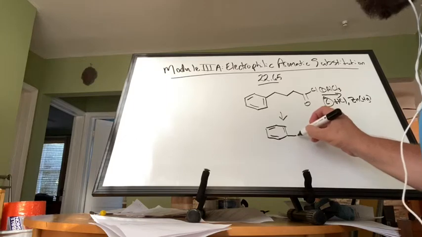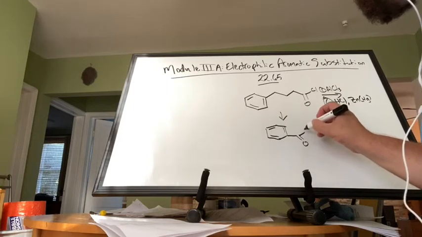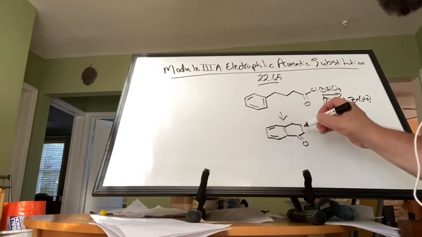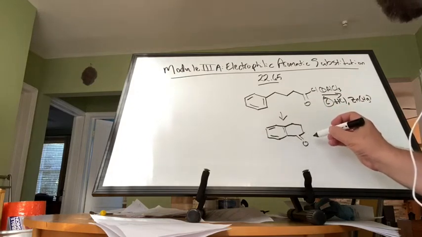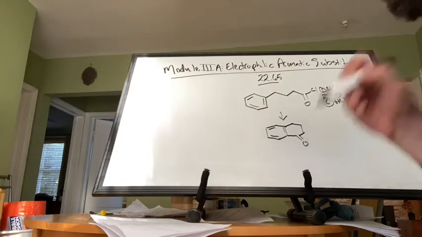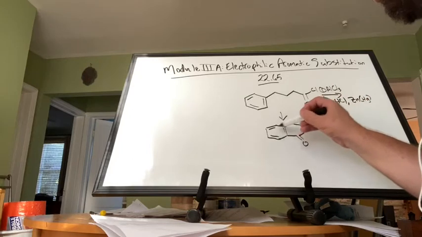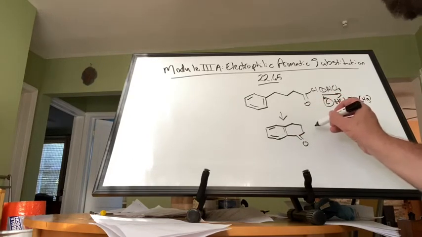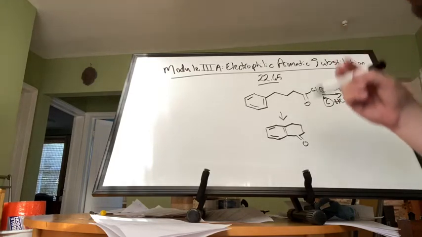Okay, so you're going to be forming your acyl ketone. 1, 2, 3 carbons, 1, 2, 3 carbons. Okay. So in other words, you've basically formed another 6-membered ring about that aromatic structure.